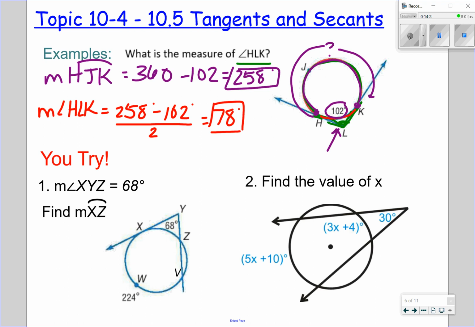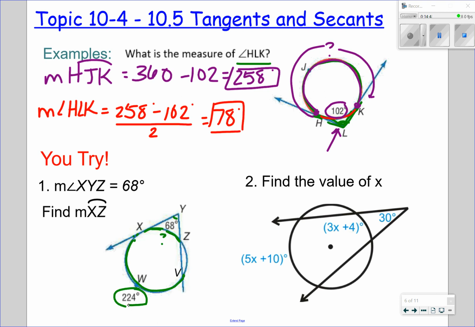Okay, so when attacking this first one, the measure of angle XYZ, which is this guy right here, is 68. We're trying to find the measure of arc XZ, which is this guy, and we know that this other intercepted arc right here is 224.